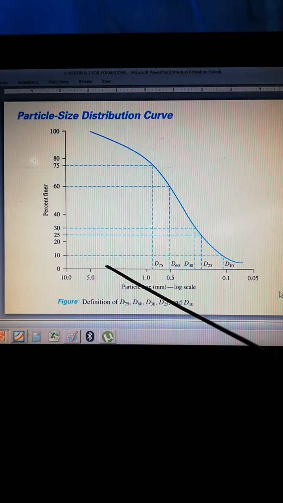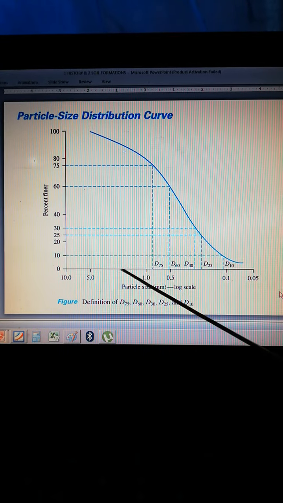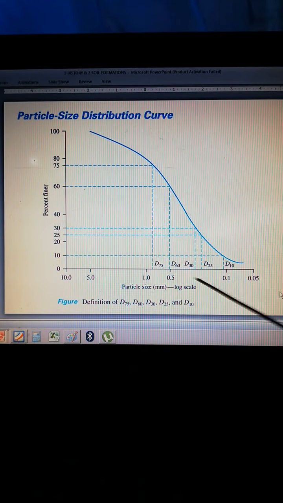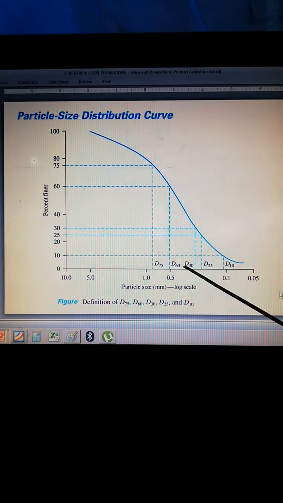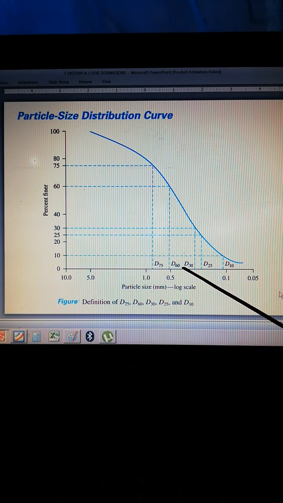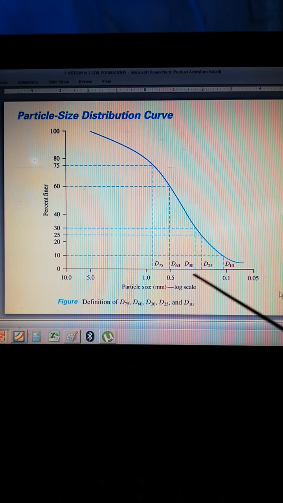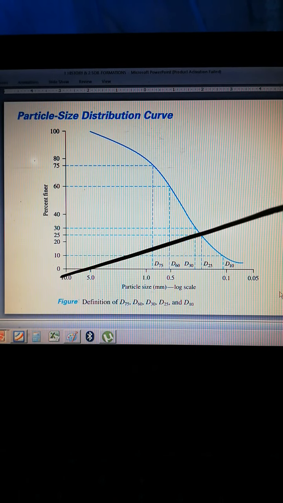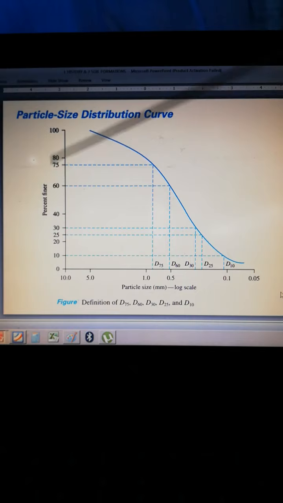So actually this is not the 0.5 or the 5. Same with 1 and 0.1. So the 0.5 is here. Supposedly, if it is linear, you can have the 0.5 here. Okay. Then you have the percent finer on this side. You always start with 0% to 100%.